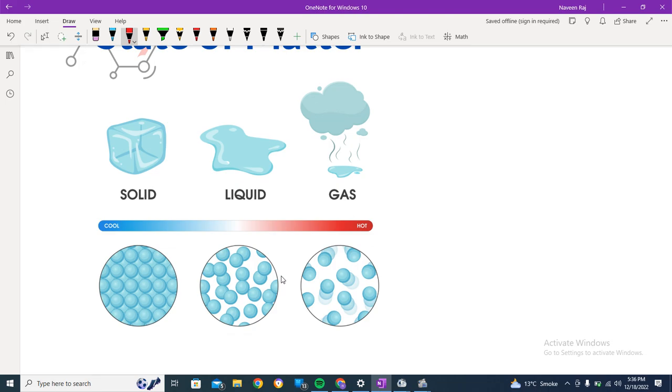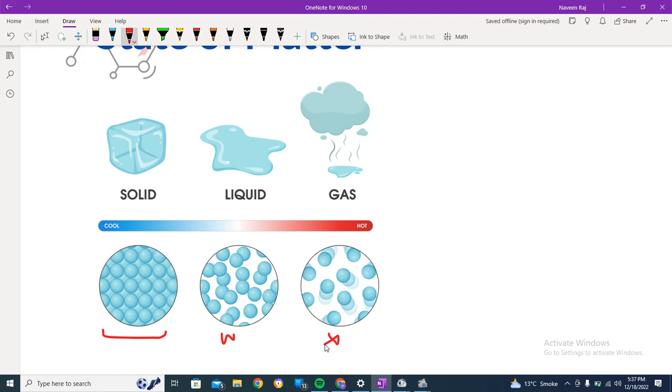In solids you're going to see strong intermolecular forces. In liquids we have weak intermolecular forces, and in gases we have almost no intermolecular forces or attraction between the atoms. You can see it in simple wording. So that is how it works.